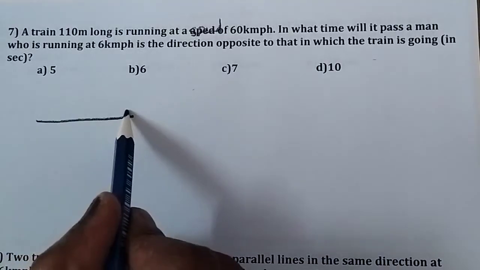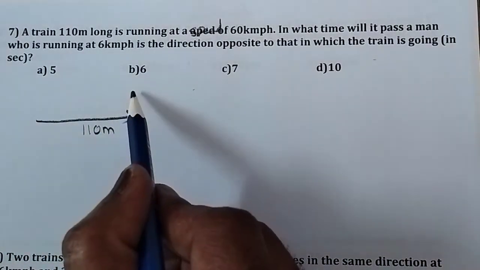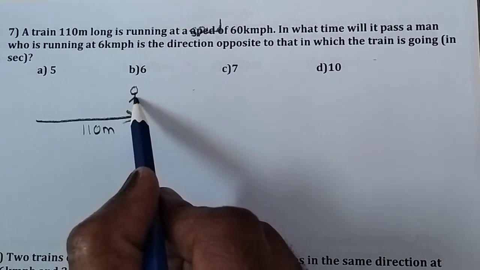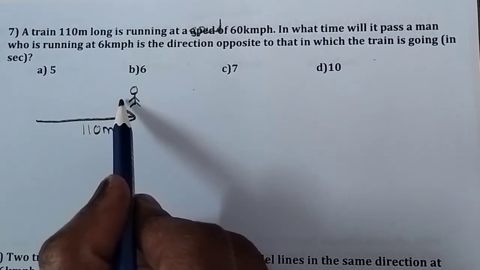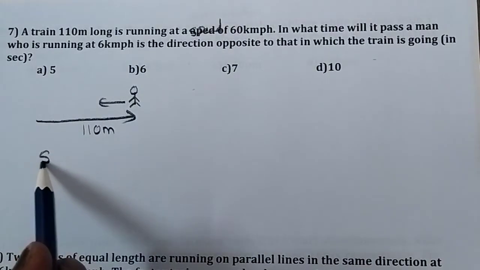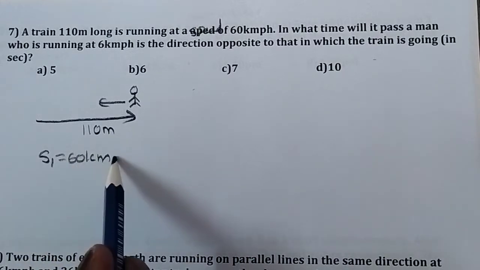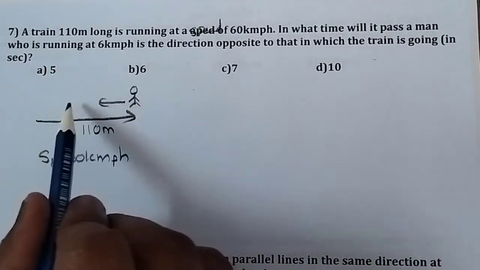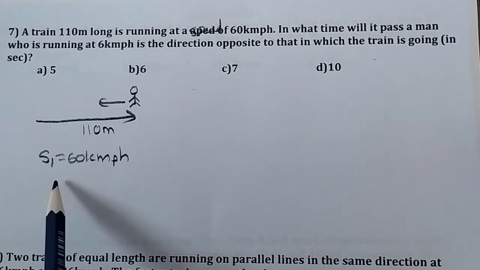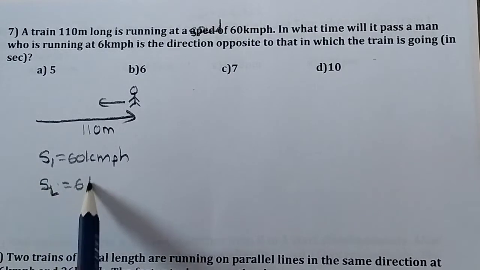The length of the train is 110 meters. There is a person just adjacent to engine. Just assume like this. He is moving in the opposite direction. The train speed is 60 kilometers per hour. That person who is moving in opposite direction, that person's speed is 6 kilometers per hour.